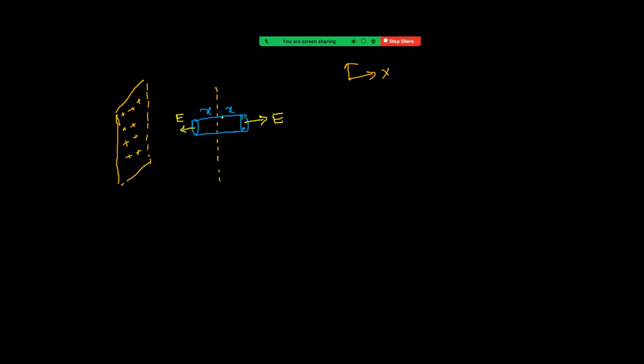So the first conclusion is that since it is an infinite sheet of charge, the field will be normal to the plane of the sheet.